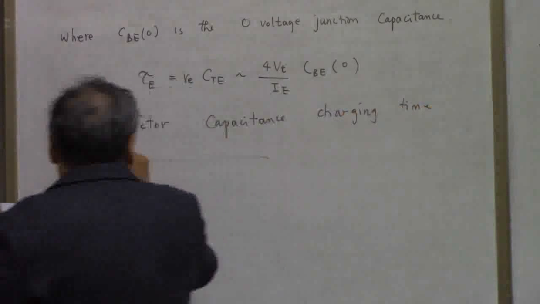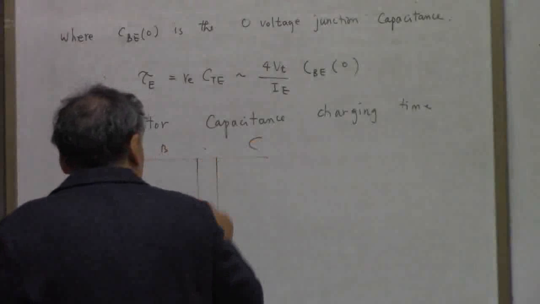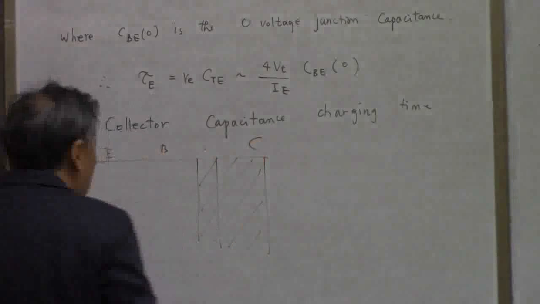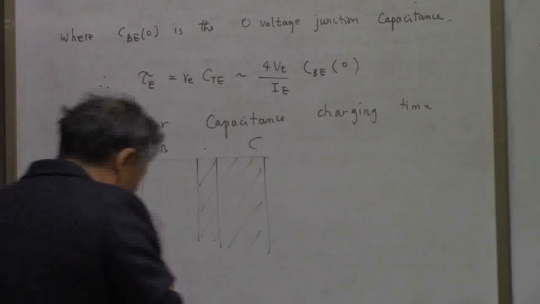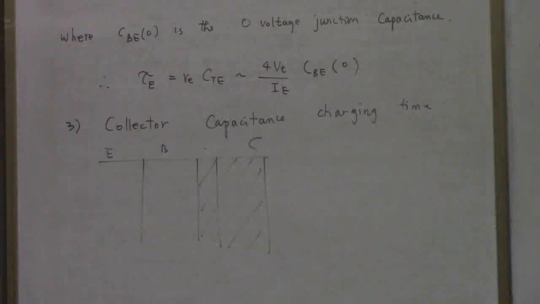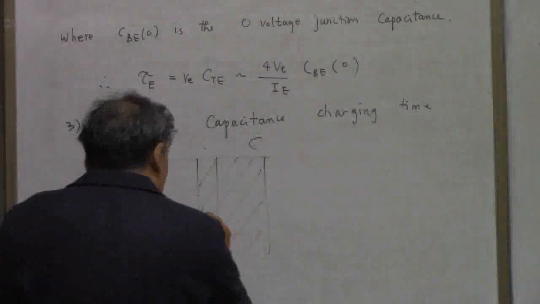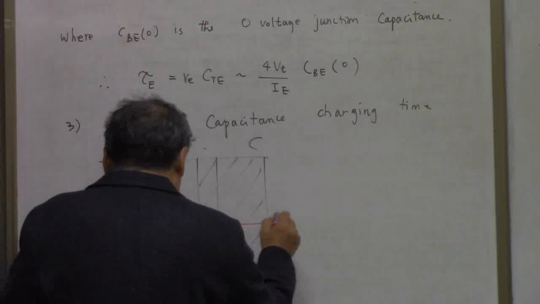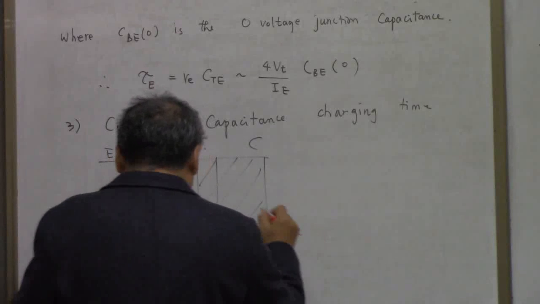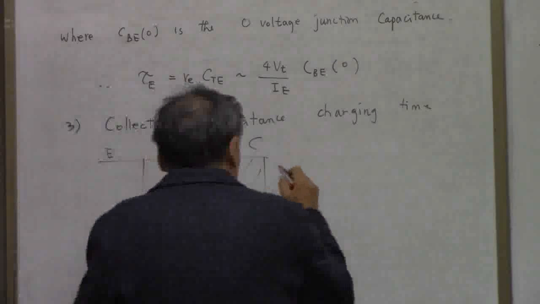Here, with the emitter, base, and collector, we have space charge regions in the emitter-base and base-collector. Now we are going to think about the capacitance and the resistance in the collector.